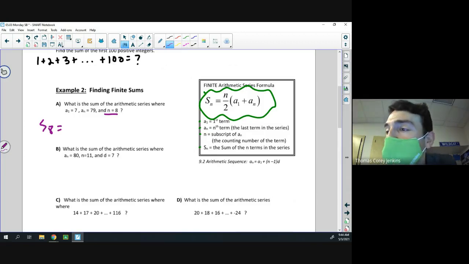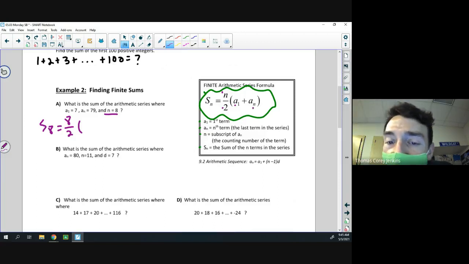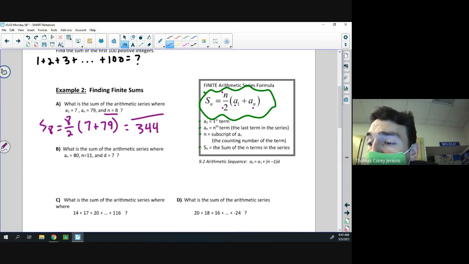That's n over 2, so 8 over 2, times the quantity a sub 1 plus a sub n, and they give us those directly. a sub 1 is 7, a sub n is 79. Then we just use our calculator from there. If you wanted to simplify that down, that's just 4 times 86, but you could type it in just like you see it. Go ahead and do that, and make sure you see that it's 344.